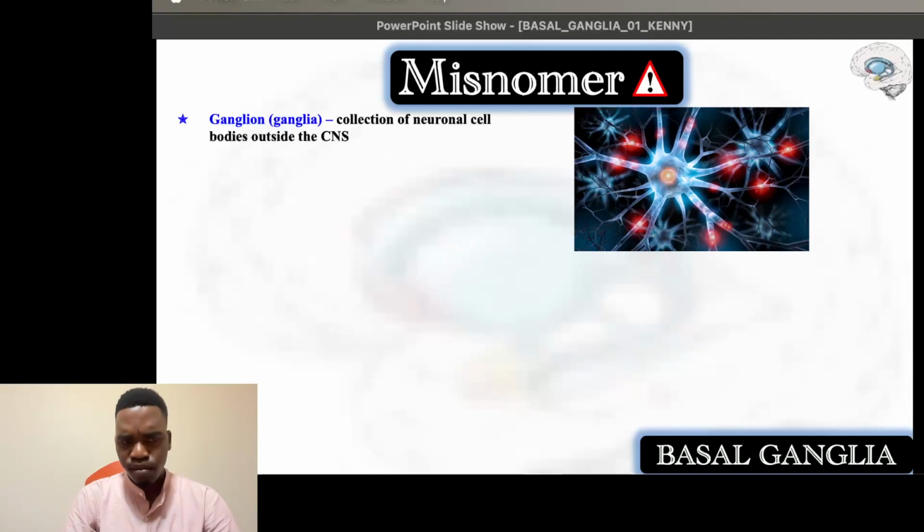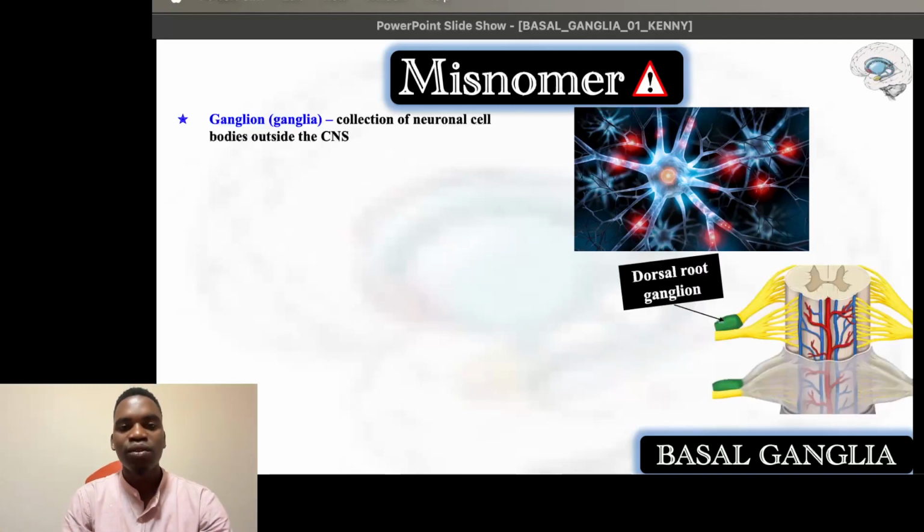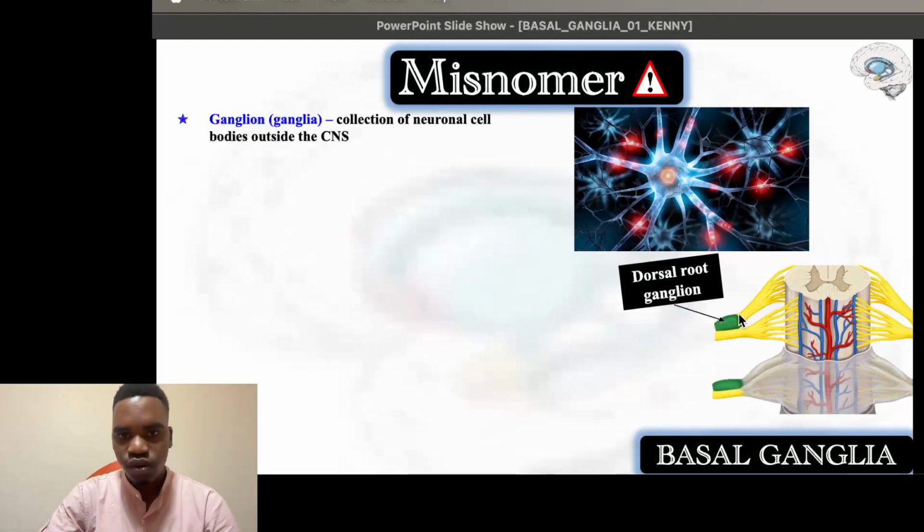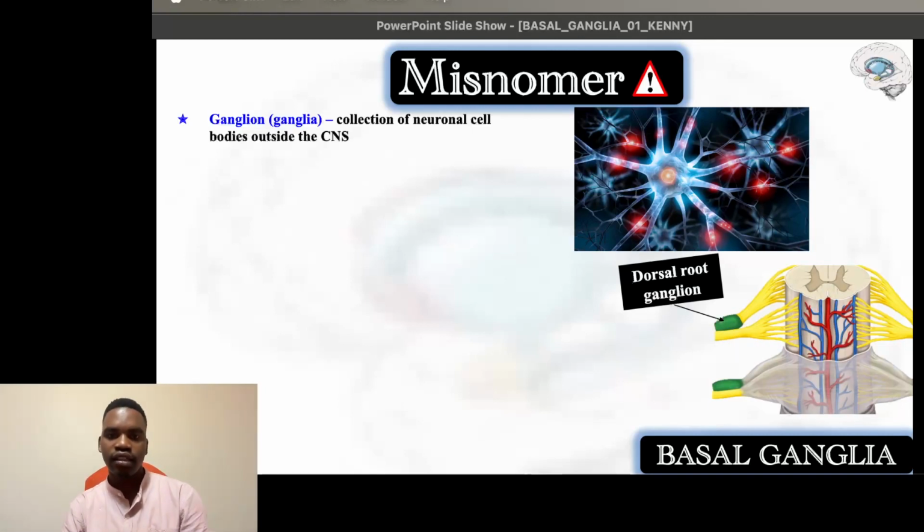One of the most famous ganglia, for example, is the dorsal root ganglion. The dorsal root ganglion is a sensory ganglion found in the dorsal root of the spinal nerve. The spinal nerve is a kind of mixed nerve. It has the dorsal root and the ventral root.